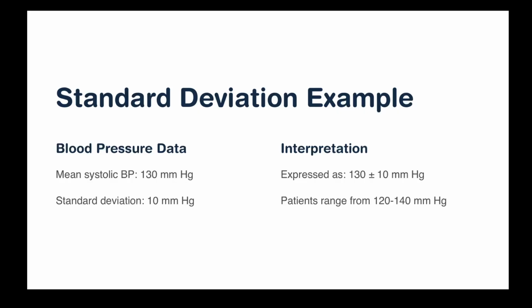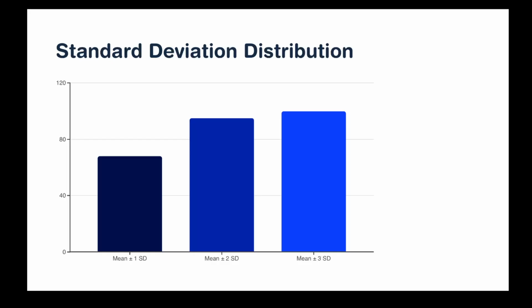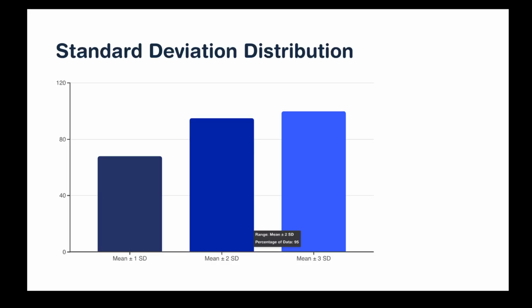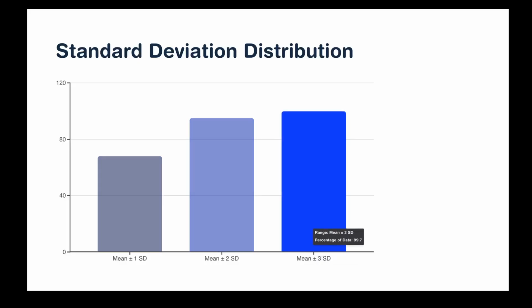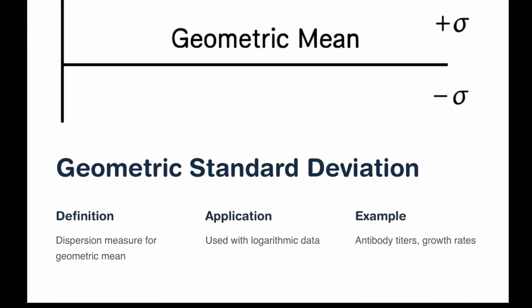It is expressed as 130 plus or minus 10 millimeters of mercury. So the patients can range from 120 to 140 millimeters of mercury. And usually we distribute into mean plus one standard deviation, mean plus two standard deviations, mean plus three standard deviations. So this is how we define it.